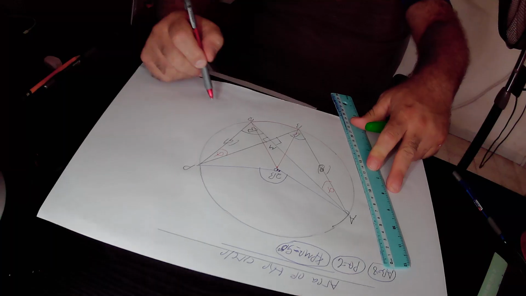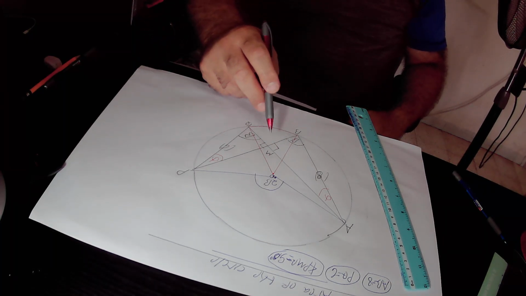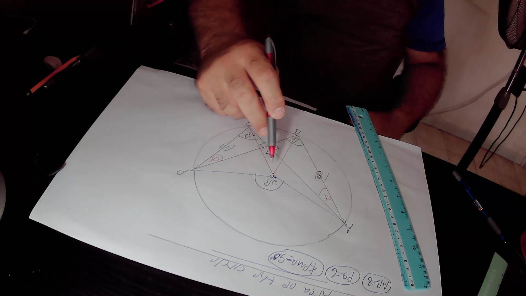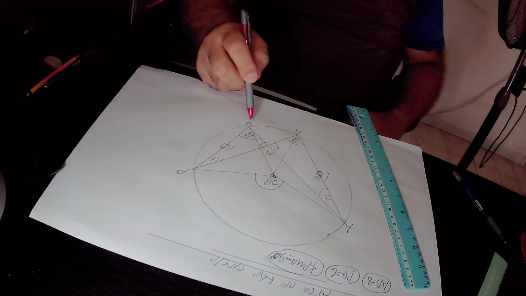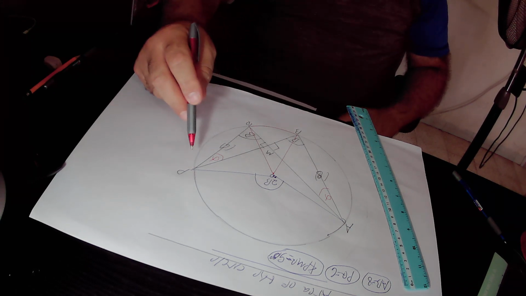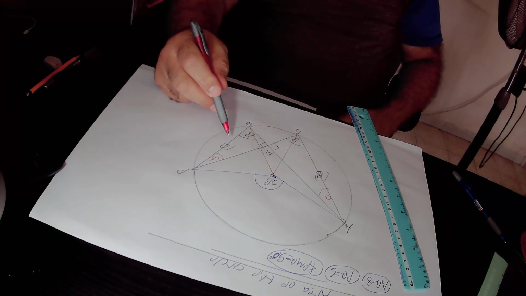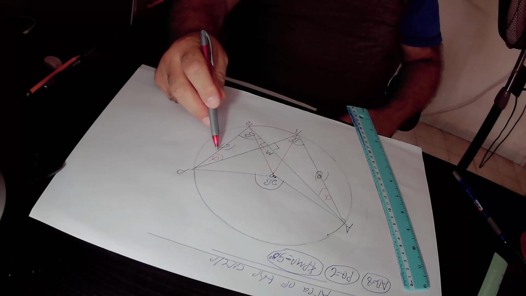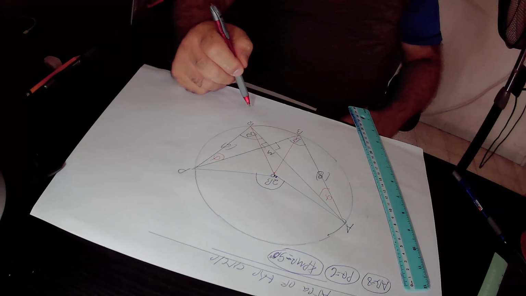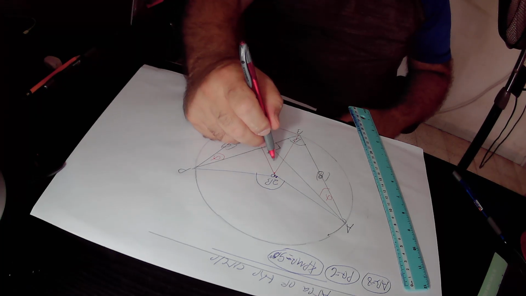By doing this construction, we create the central angle BOQ, which subtends on chord BQ. This is peripheral angle BPQ, that also subtends on chord BQ, and it is equal to alpha degrees in size. Therefore, the central angle BOQ, that subtends on the same chord BQ, must be equal to 2 alpha.